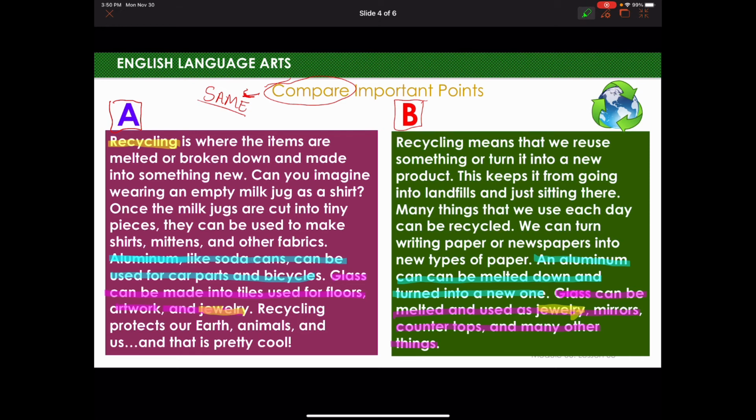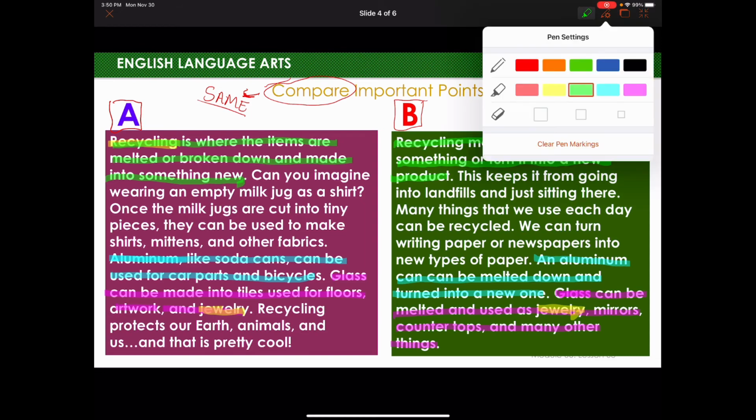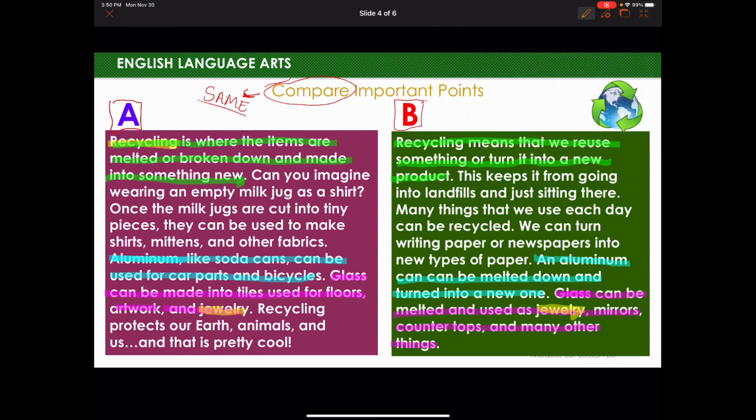Let's see. Oh, right here. Recycling is where items are melted or broken down and made into something new. Recycling means that we reuse something or turn it into a new product. Both of these passages use the word new.